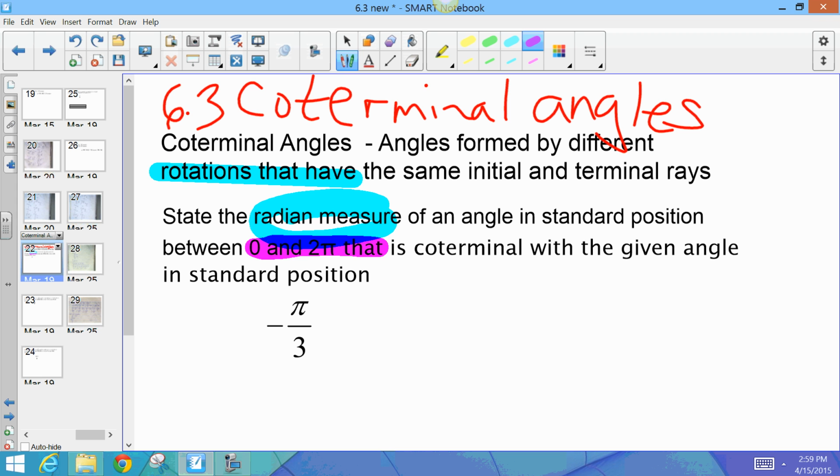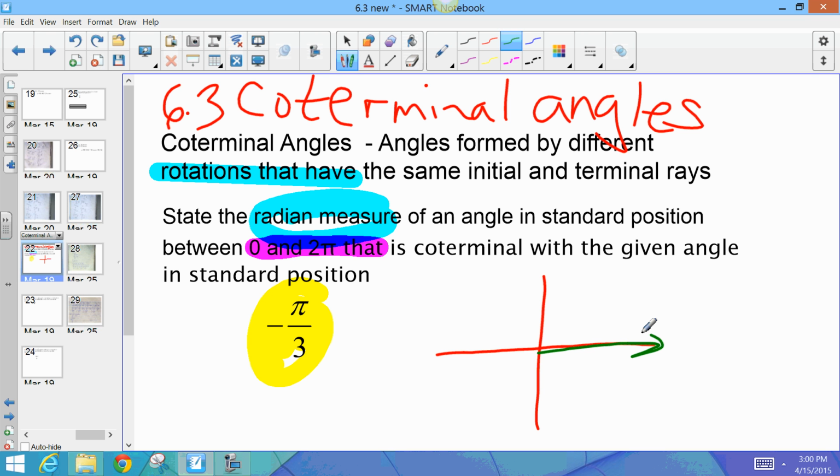Okay, let me just draw the angle that we're given here. I want to draw a rough sketch of this angle. All right, there's my axes, my initial ray, the positive x-axis, and we are going to be rotating clockwise.